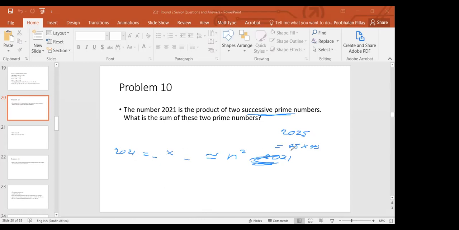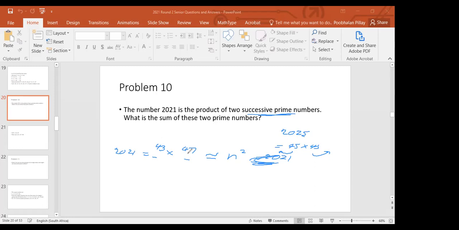So let's look at a prime number less than 45 and a prime number greater than 45. That will give you some number which is approximately 45 times 45. A prime number less than 45 is 43. If you add 2, you get 47. And these two are prime numbers. And if you multiply them out, you get 2021. So these are the numbers that we're looking for.